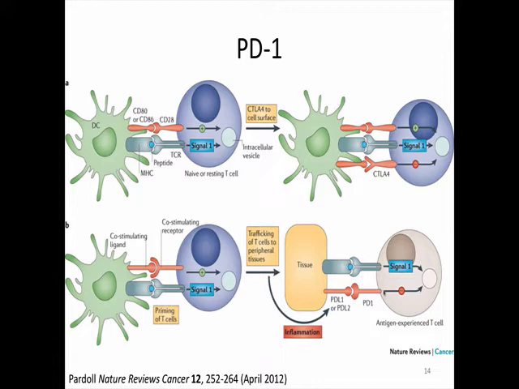CTLA4 is shown at the top of this slide, and the T cell that's shown in the top version is a naive T cell or a resting T cell. It's a T cell that's early in its life, early in being activated.